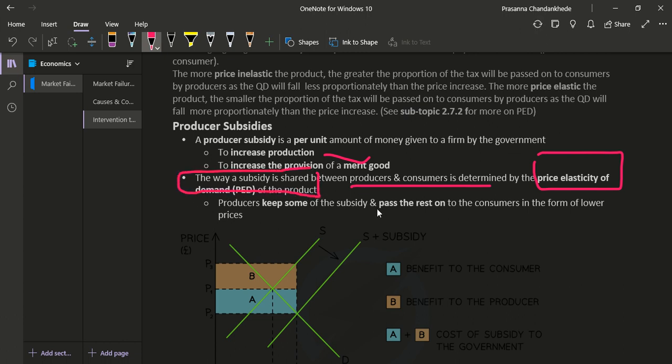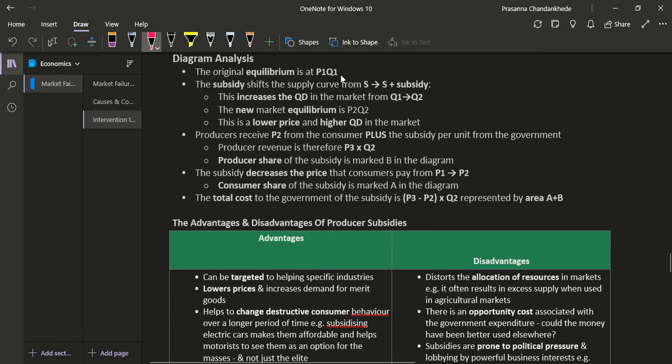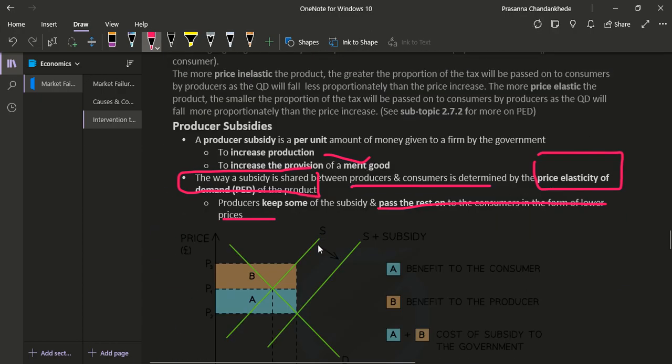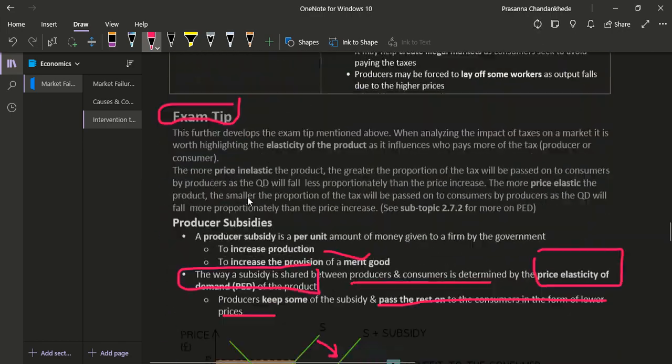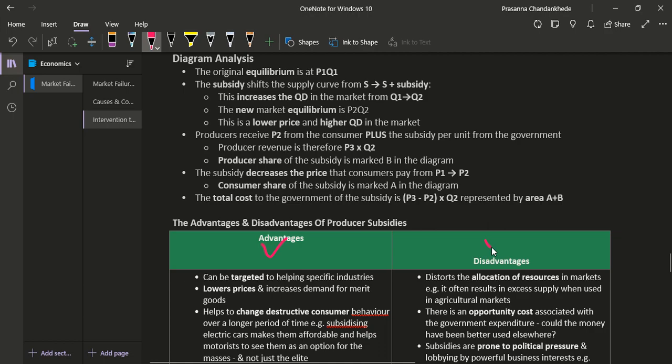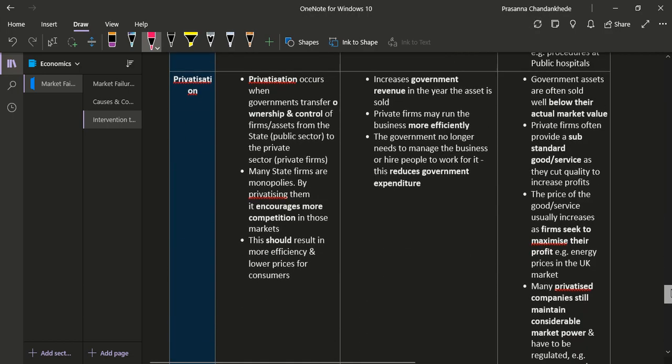Producers keep some of the subsidy and pass the rest to the consumer in the form of lower prices. Here this is just a bit opposite. Where this goes here, this comes here. It's like the opposite of indirect taxation. I suggest you read the advantages and disadvantages as well.